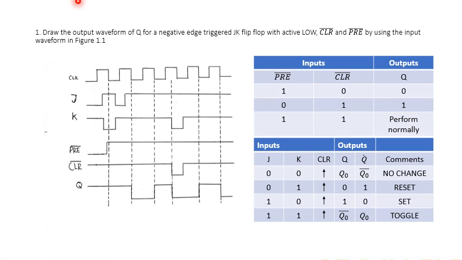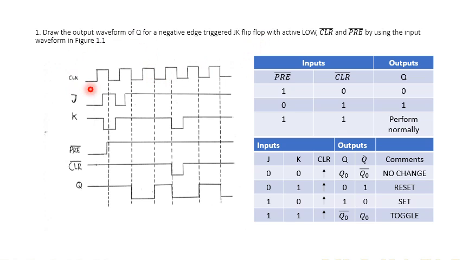By referring to the question, it asks us to find the output waveform for Q for a negative edge-triggered JK flip-flop. So, how do we find the negative edge-triggered JK flip-flop?